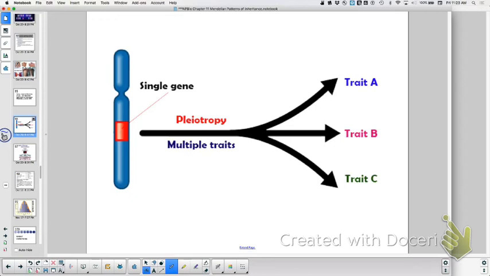The digits, the fingers are flattened. The eyes are different. If you have Down syndrome, the tongue is a little bit thicker. So that's a whole syndrome of things that are distinct from each other. Mental capacity and the way your fingers are shaped, two totally different things, but they are as a result of this one gene. That's pleiotropy. Lots of different parts of your phenotype are impacted.